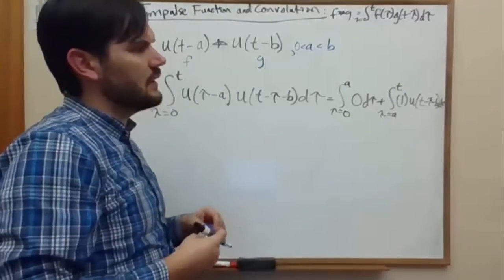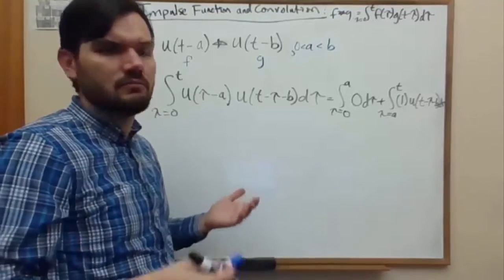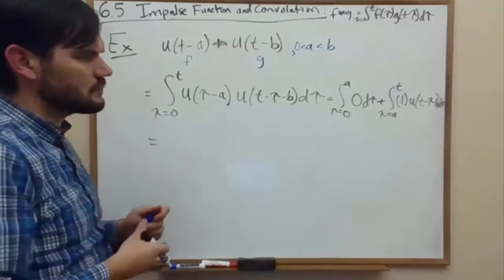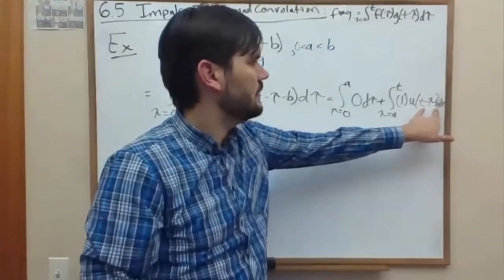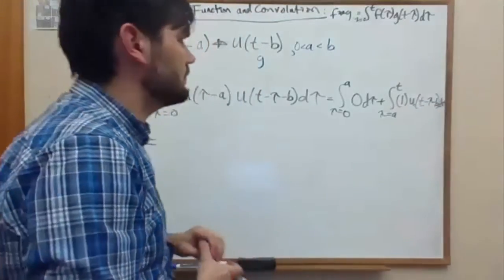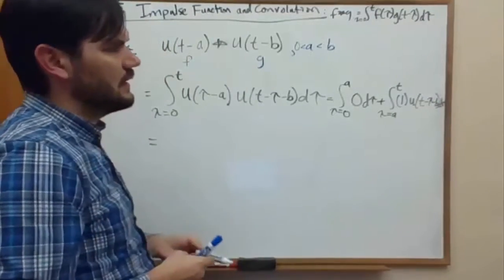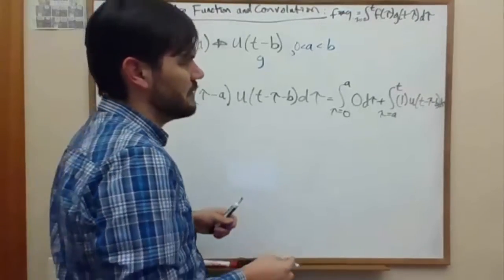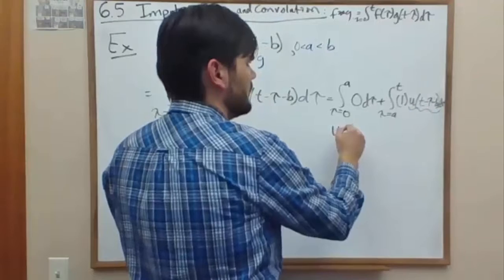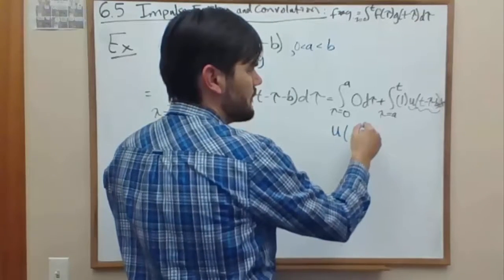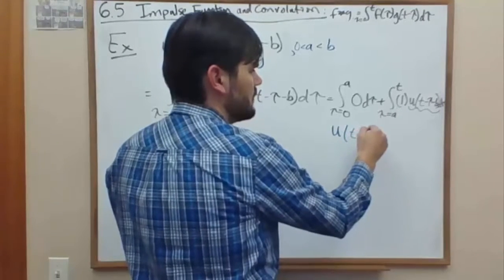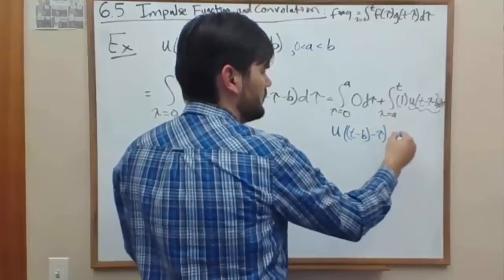Now I just need to figure out how the second unit step function works out. So we have the unit step function where tau is the variable, and to keep that in perspective, u of t minus b minus tau.